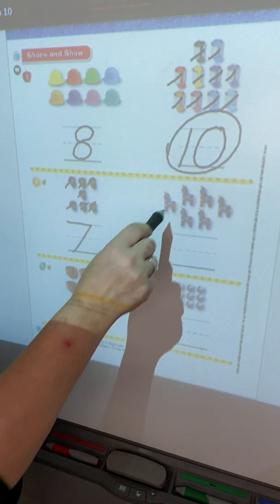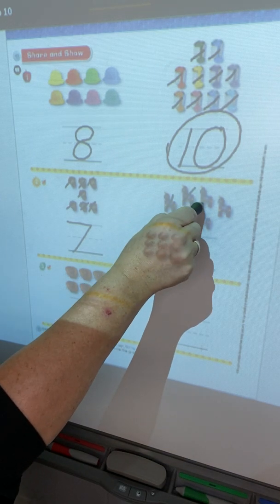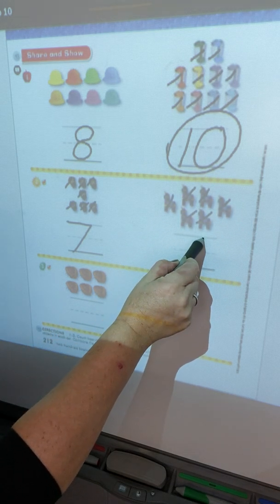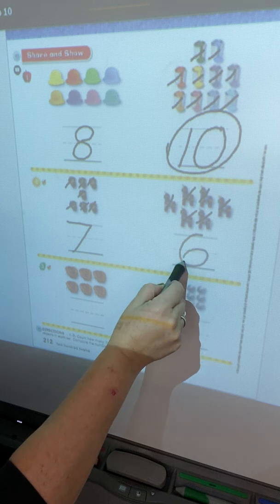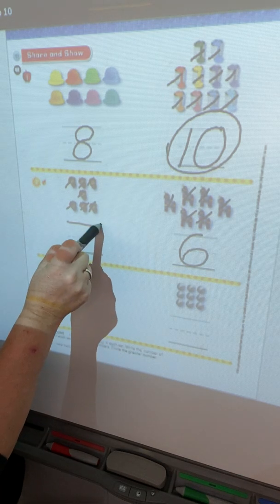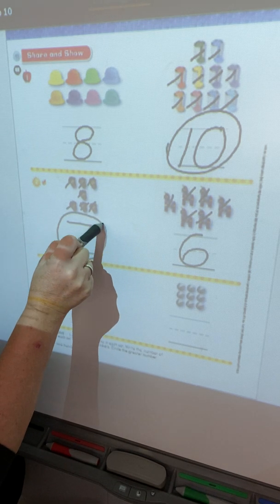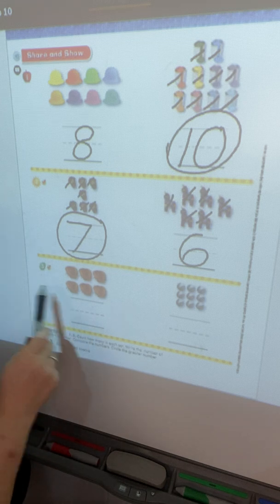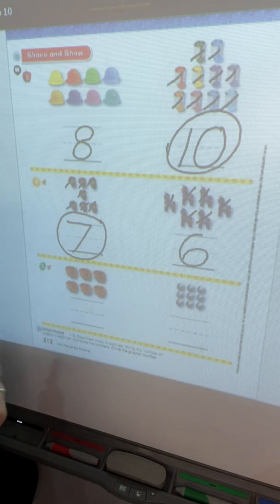So let's count those. 1, 2, 3, 4, 5, 6. Compare those two numbers and which one is greater than. Can you tell me? If you said 7, you are correct. Circle the number 7.